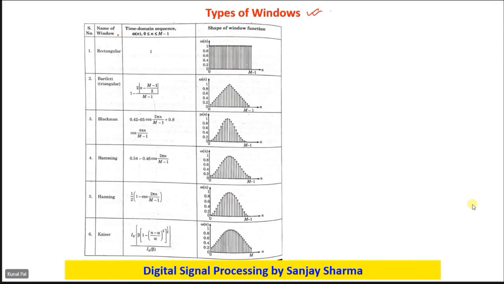There are 5 types of windows which are very common, and then we have one special window which is the Kaiser window.